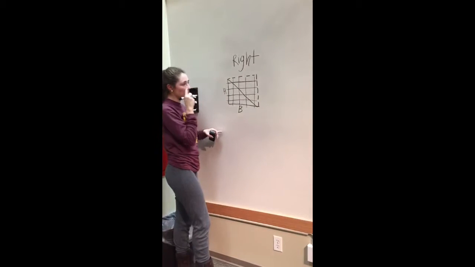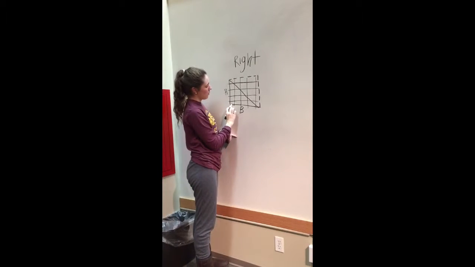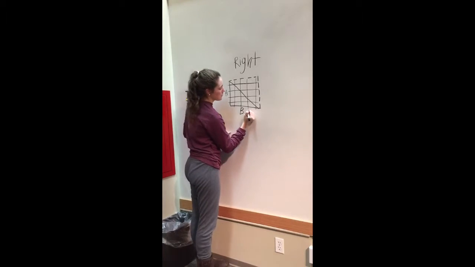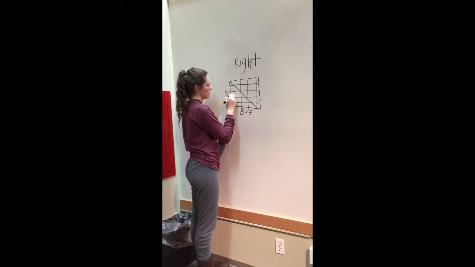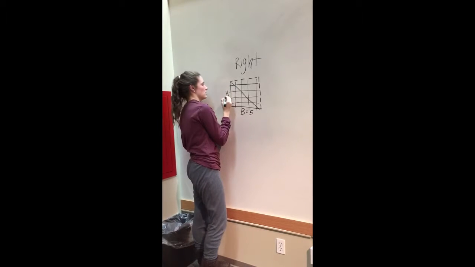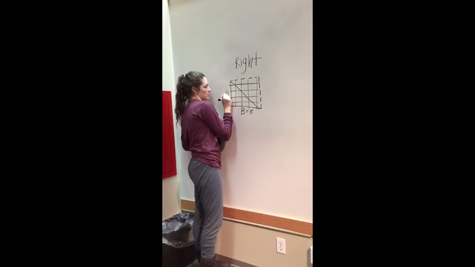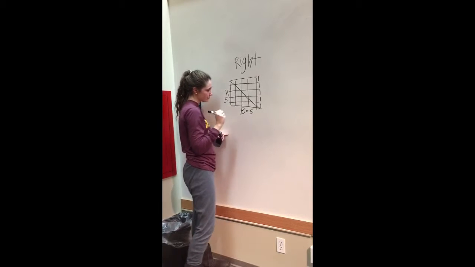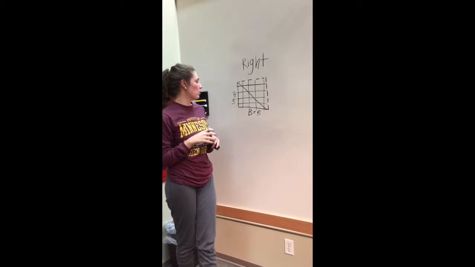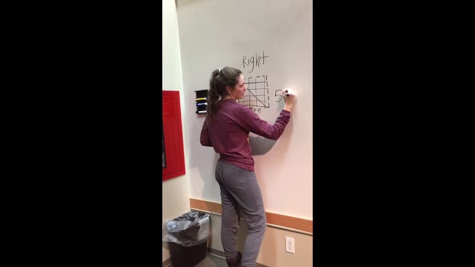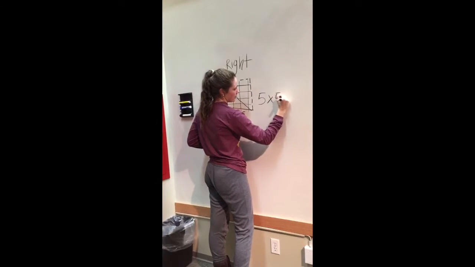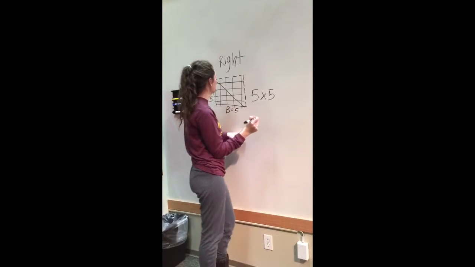So for this particular triangle, we have 1, 2, 3, 4, 5 squares across, so that would equal the base. And we have 1, 2, 3, 4, 5 squares up, so that would be the height. So we would take the base, which is 5, times the height, which is also 5.